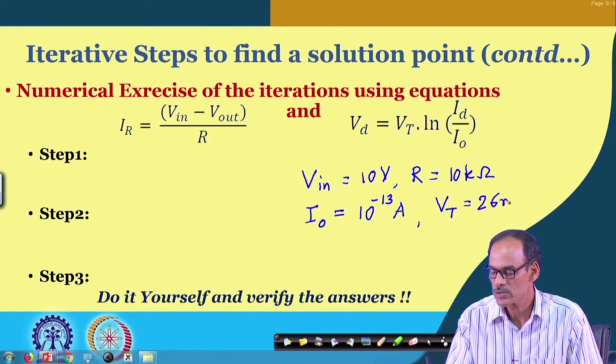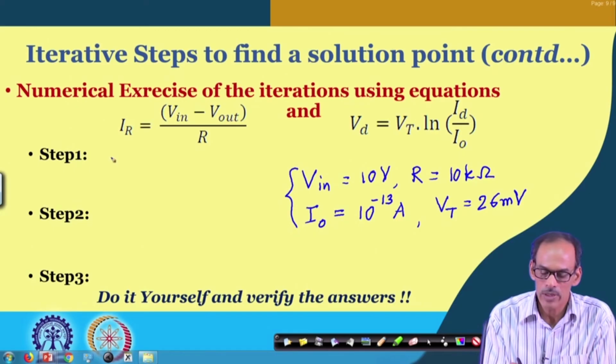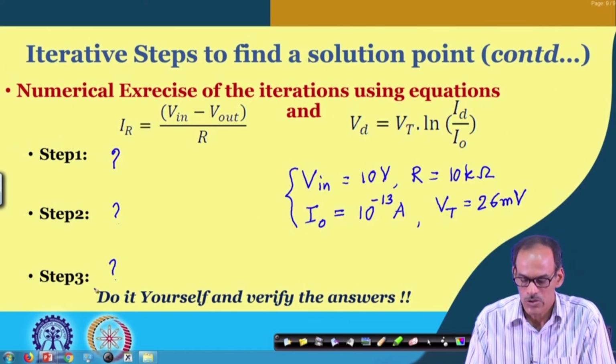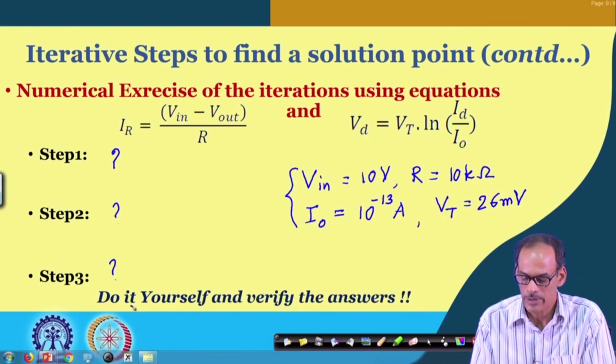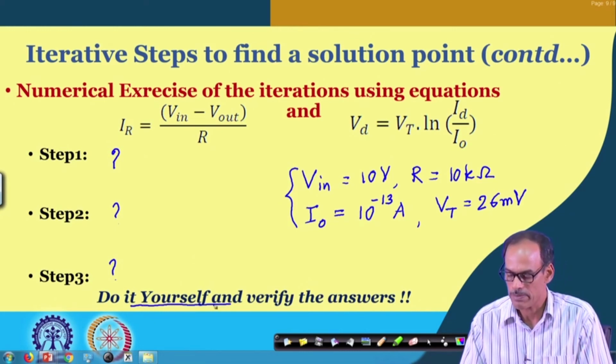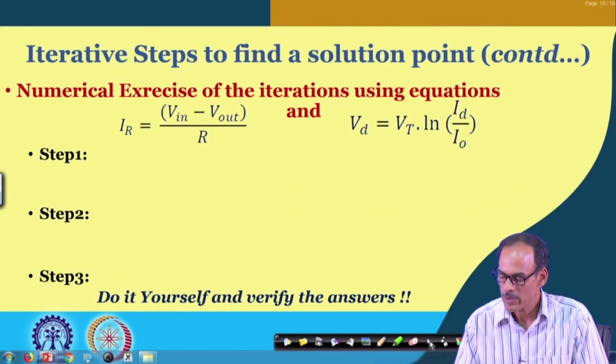Typically, that is what we get at room temperature. Using these values of the parameters, you can find the corresponding current in the first step, second step, and in the third step. So, my suggestion would be, please do it yourself and verify it with the answer given on the next page. On the next page we do have the solution.